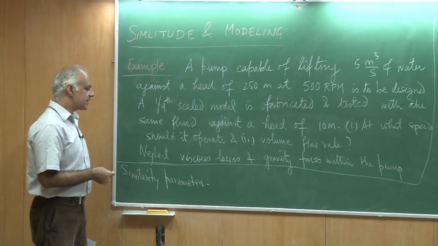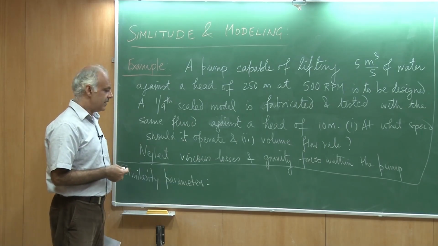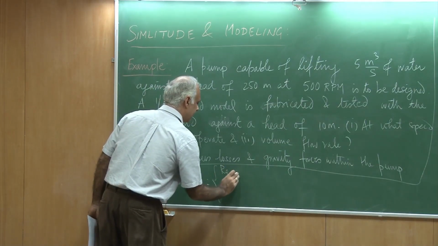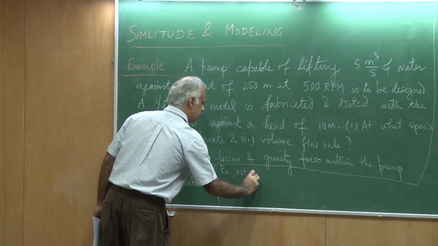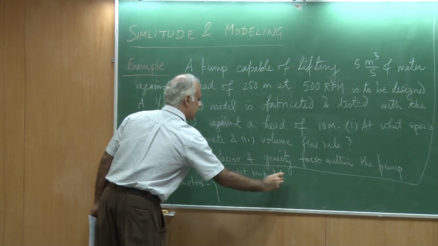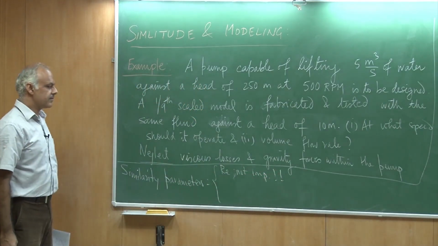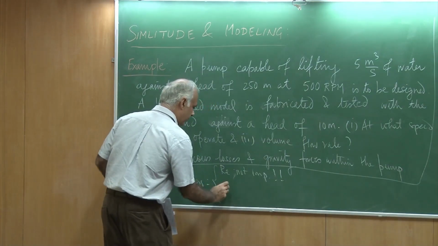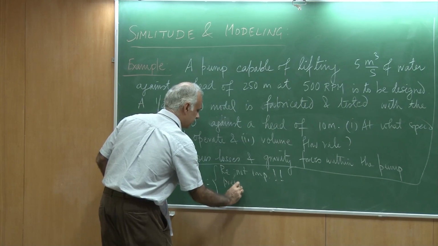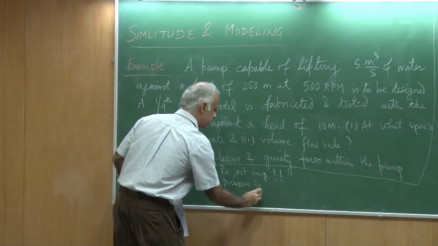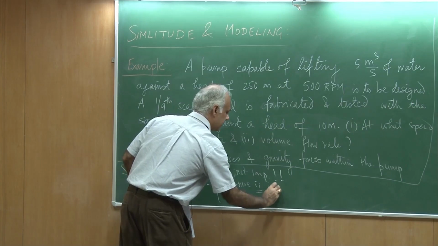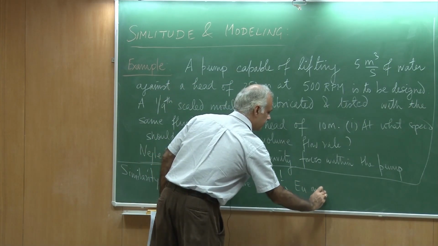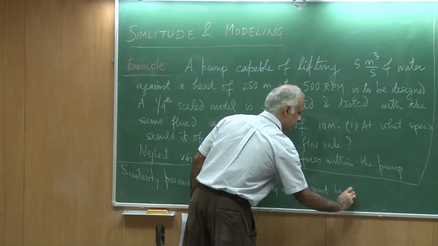So, if viscous forces are not important, then of course Reynolds number is not important. We do not have to worry about it. So, Euler number is important. So, pressure is important, and therefore Euler number must be considered.